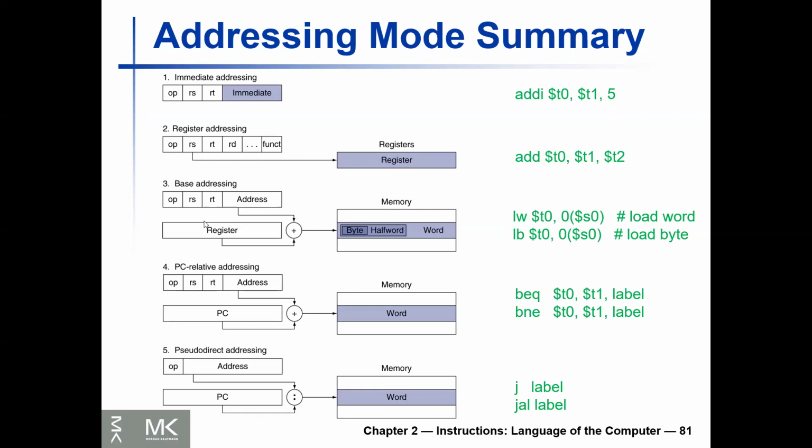Base addressing, we discussed for load word, load byte. For this we need to store the offset here. Then we have PC relative addressing, which we already did, that we should know the PC value, the program counter. And after that, this is for the jump, which we already did.